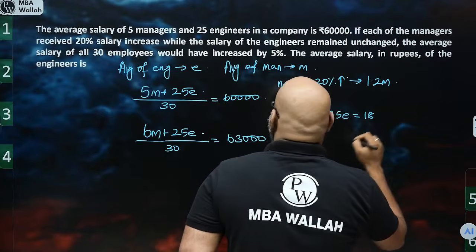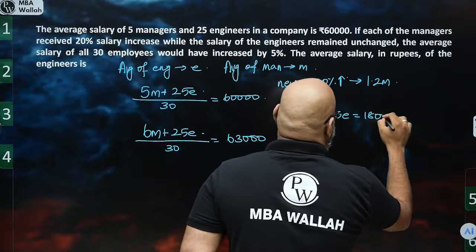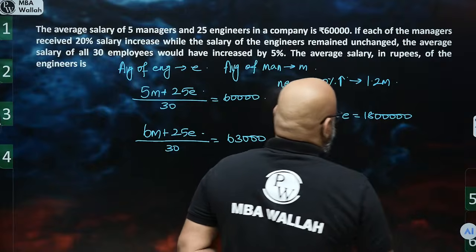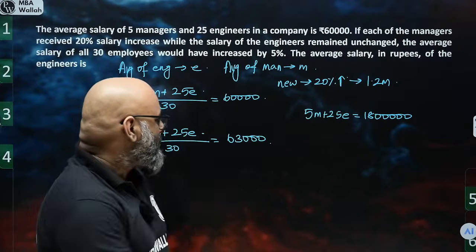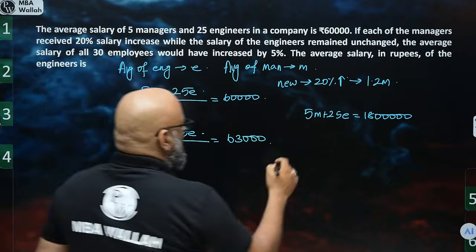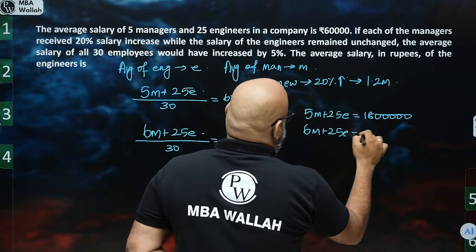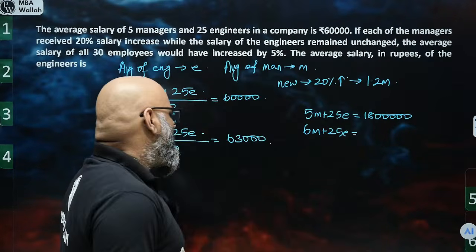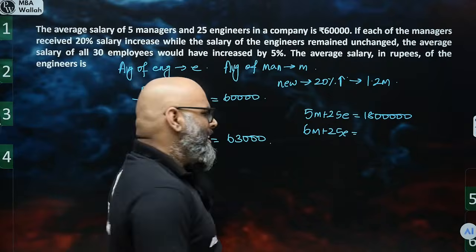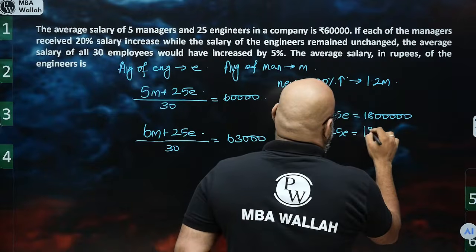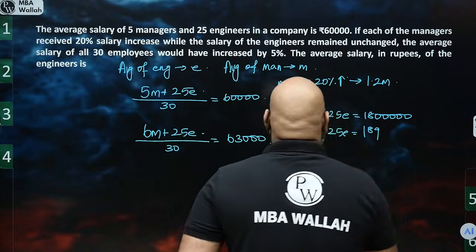That's 18 followed by 5 zeros, 18 lakhs. The next equation will be 6M plus 25E is equal to 63 into 3 is 189, 189 followed by 4 zeros.